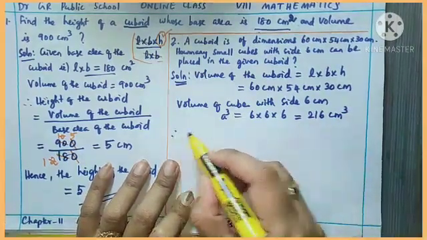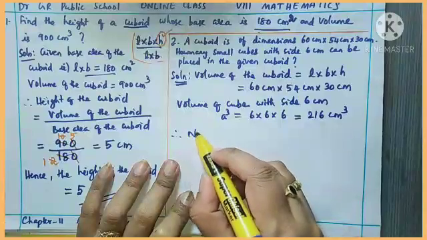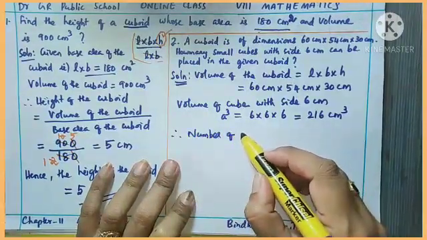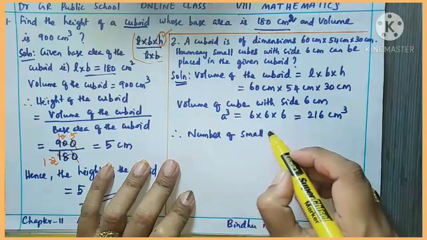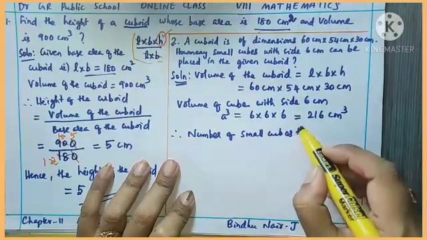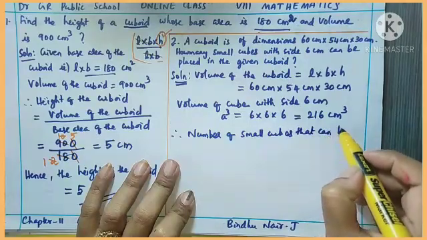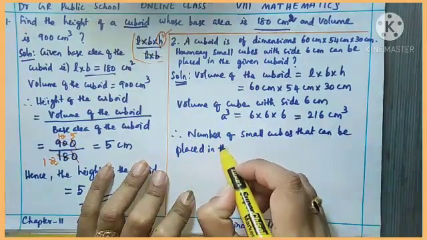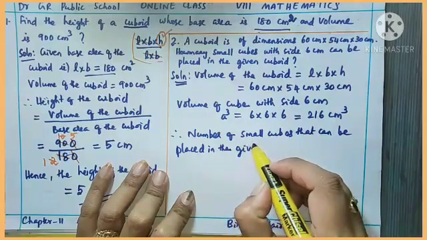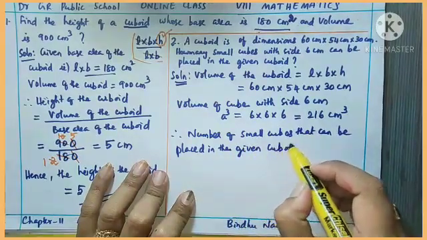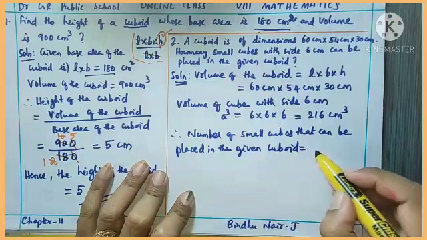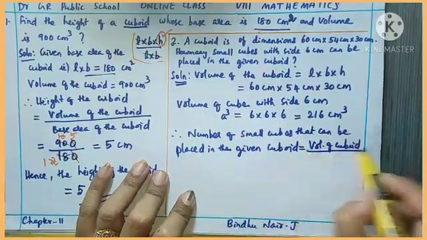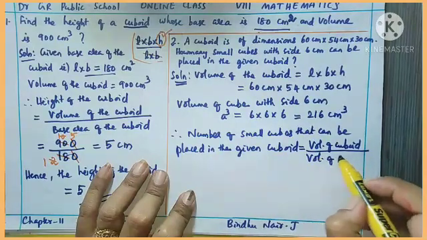Now we need the number of small cubes that can be placed. Therefore, the number of small cubes that can be placed in the given cuboid is equal to the volume of the cuboid divided by the volume of the cube.